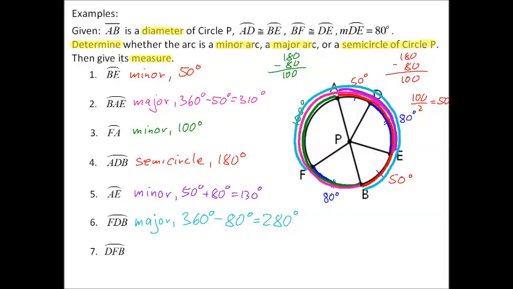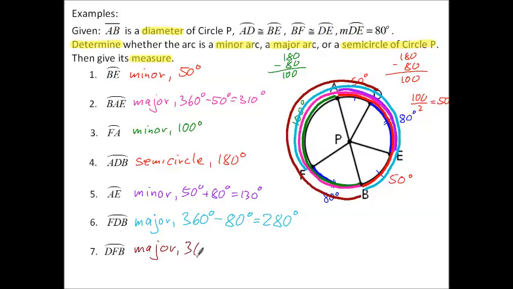And last but not least, we got arc DFB, starting at D, going to F, and then continuing on to B. So we have a major arc, and that major arc measures 360 less those two pieces DE and BE.